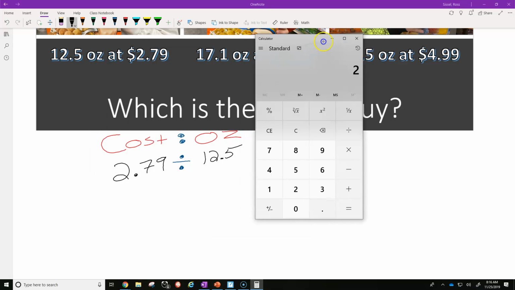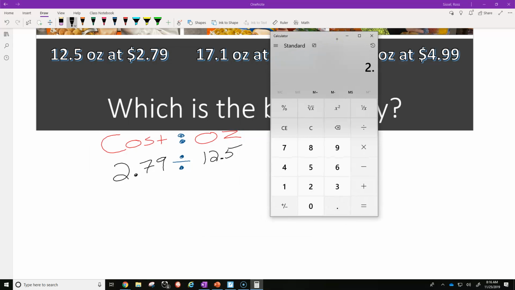So on the very first one, 2.79 divided by, so I did my cost, and I'm dividing it by how many ounces I have. This would round to 22, good, because the 3 is less than 5, so we round down.